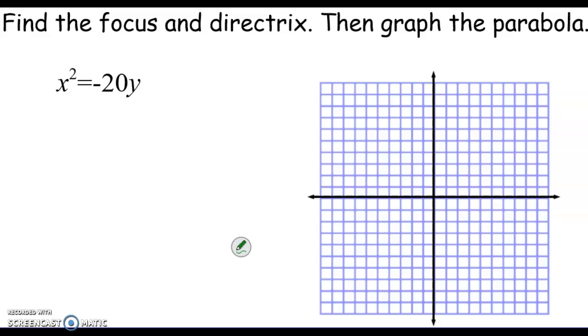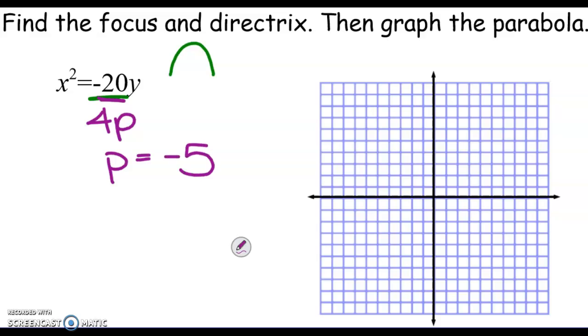All right, let's try one more because this one is an x squared. If it's an x squared, then it's going to either open up or down. And I know in this case it's going to open down because it's negative 20y. So I know that right there, that negative 20 is equal to 4p. So my p is equal to negative 5. If you missed it, think for a second, how come?